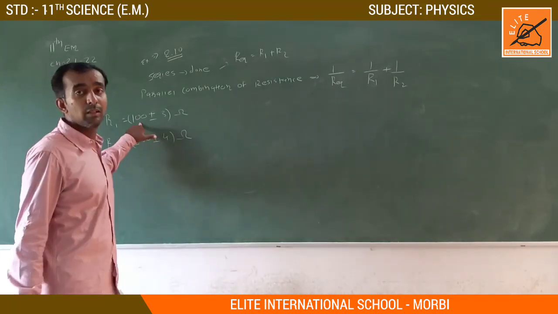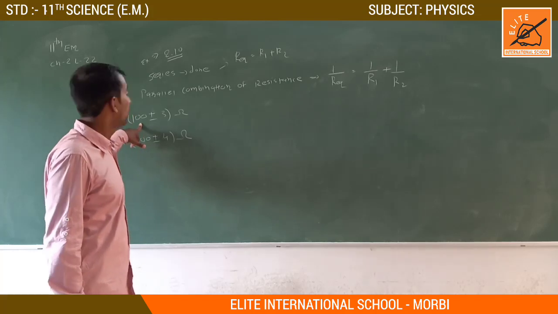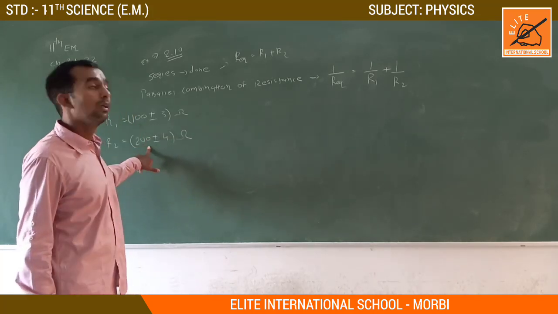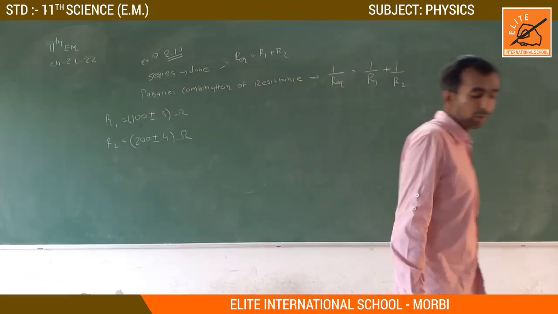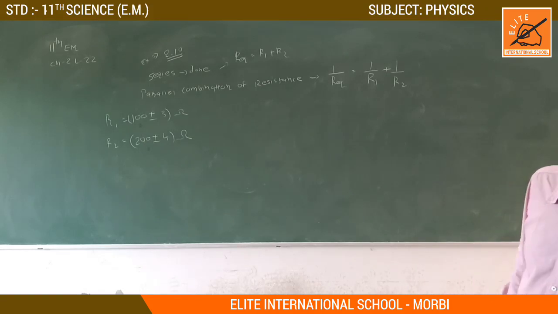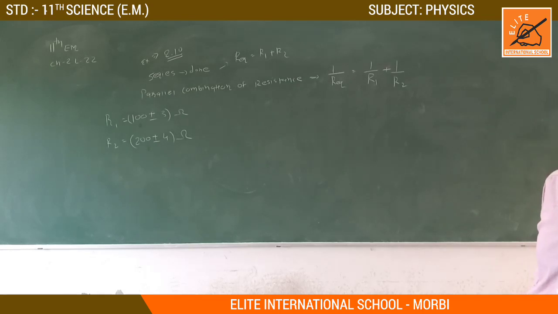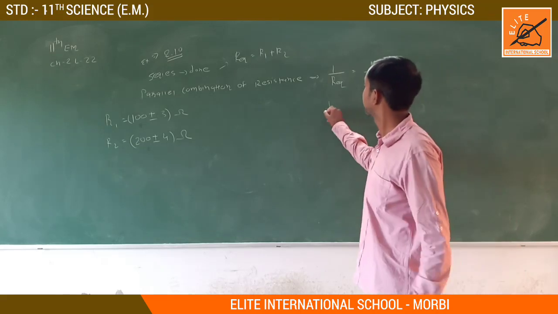What does that mean? It may be 103, it may be 97, it may be 204, it may be 196, depending on the situation. First, calculate the parallel combination, calculate the answer.